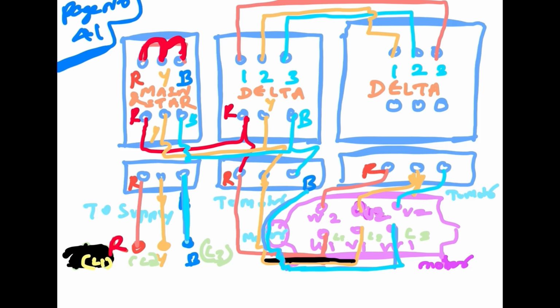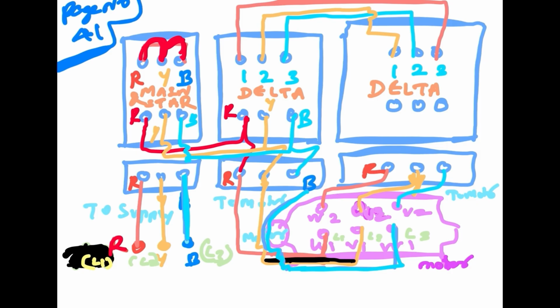The second contactor RYB terminals are connected to the U1, V1, W1 motor winding terminals. Then the second contactor RYB motor terminals are connected to the second winding of the motor, W2, U2, V2, as shown in the figure.